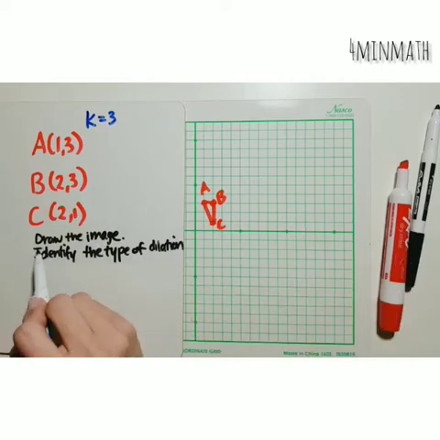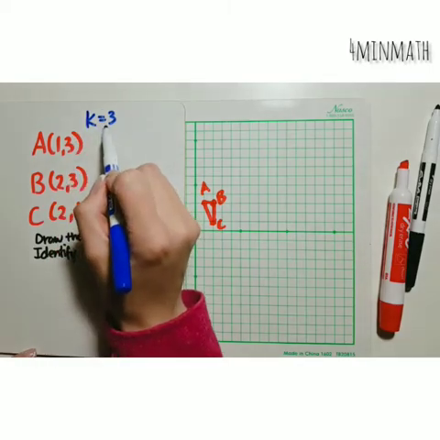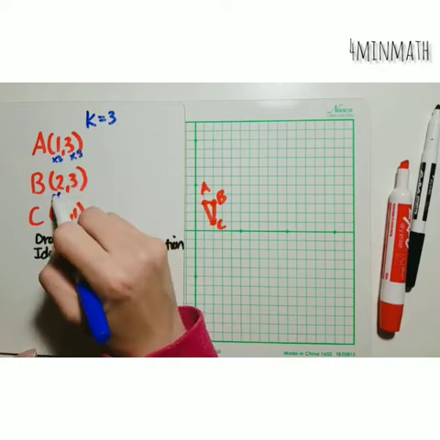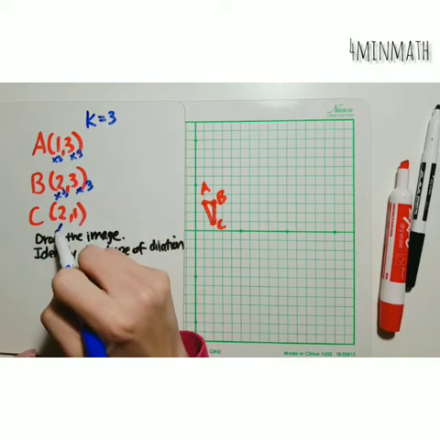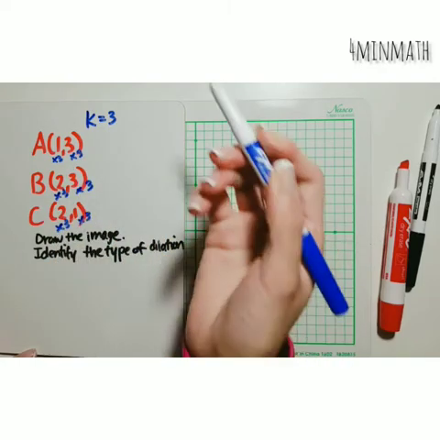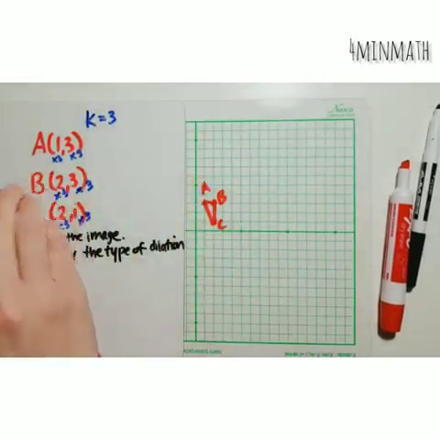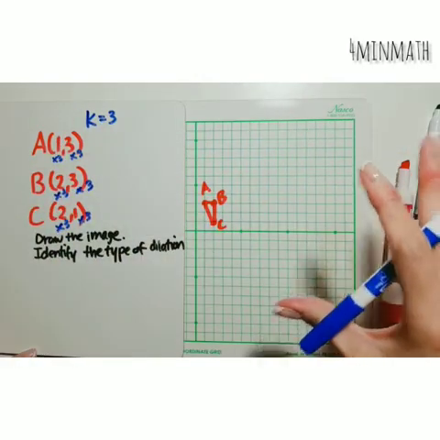So let's first graph it, because we were asked to graph or draw the image. I know the scale factor, so I'm going to multiply all my points by 3. And that's the definition of dilation. You're making the original pre-image bigger or smaller.